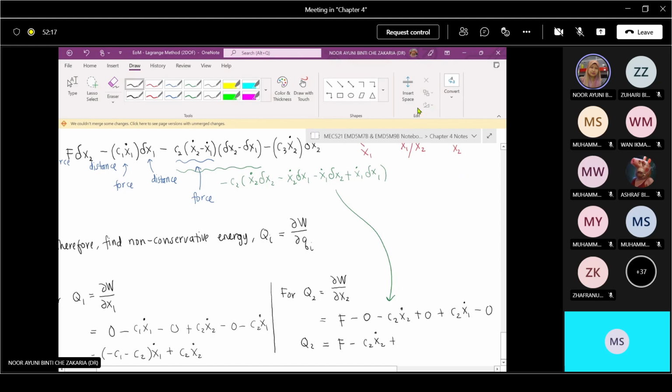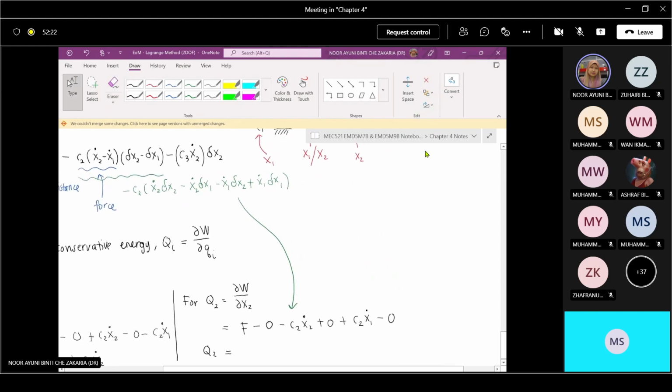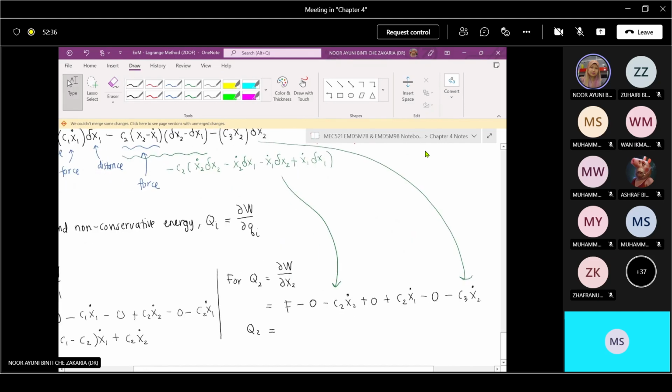plus, okay, I missed one more above, C3. I'm missing this one, minus C3 x2 dot, that is on x2. So we'll have F plus negative C2 negative C3 x2 plus C2 x1.